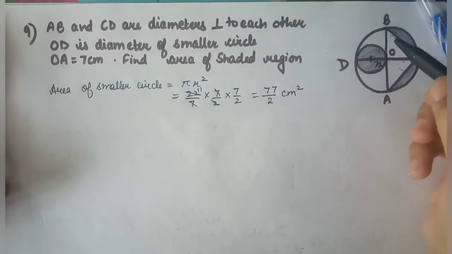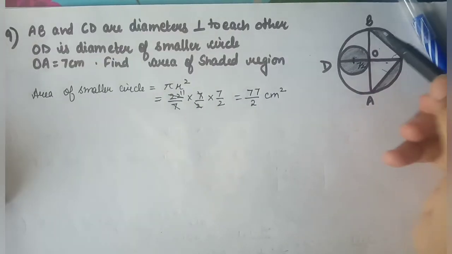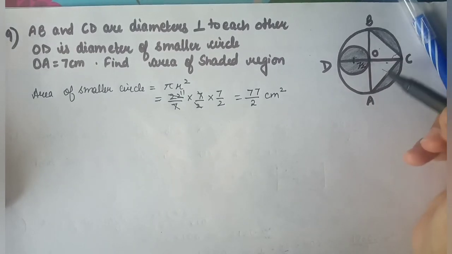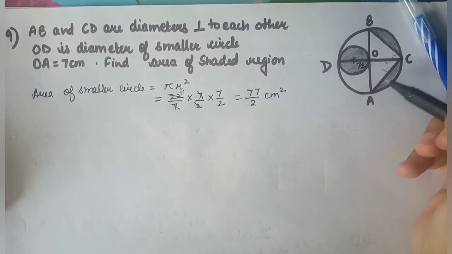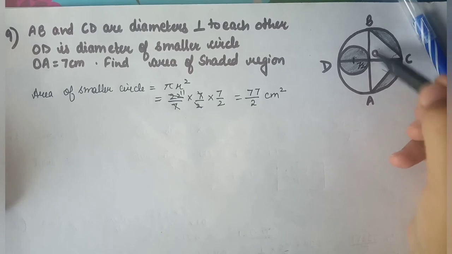Now in order to find out these shaded regions, what can you see here? This is the semicircle and this is a triangle. So if you find out the area of the semicircle and subtract the area of the triangle from it, then you can find out the area of these shaded regions. So now you can find out the area of the semicircle easily because you know the radius.